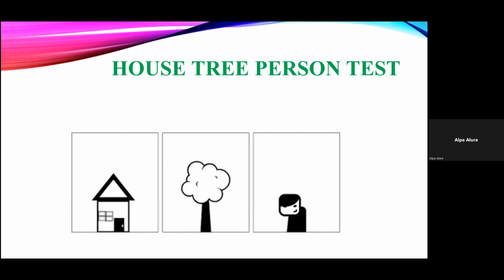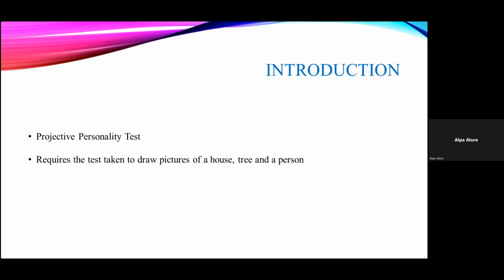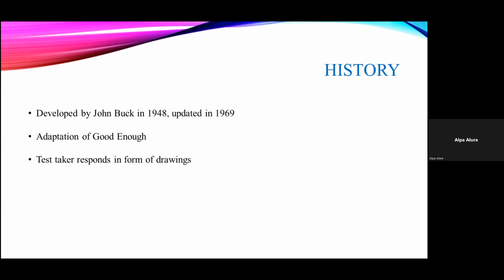Coming to the next, which is the House-Tree-Person. This is again a projective personality test, and it requires the individual to draw pictures of a house, a tree, and a person. This test was developed by John Buck in 48 and updated in 69, and it is an adaptation of the Goodenough test.